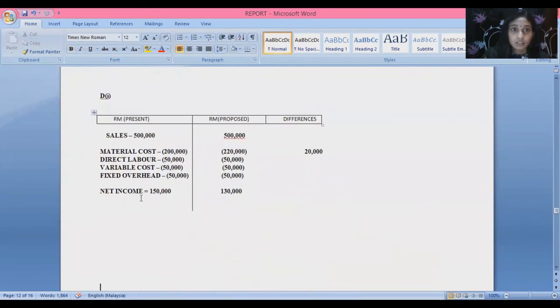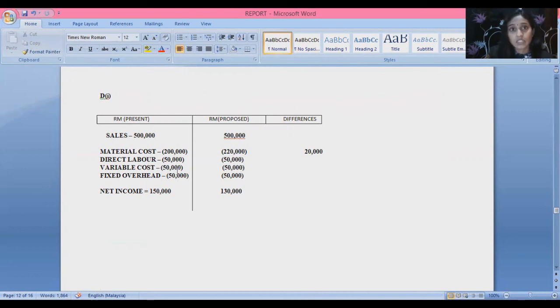Question D is you need to figure out the present value and the proposed value. So the sales is 500,000. It remained the same like below. And the material cost is 200,000 and for the proposed is 220,000, and the direct labor is 50,000, and the variable overhead is 50,000 plus fixed overhead is 50,000.